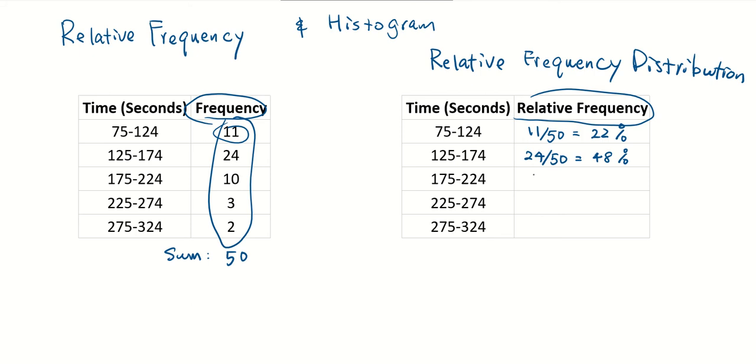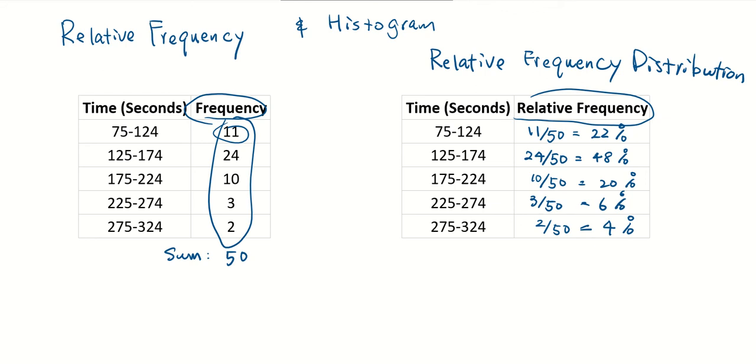And third class, 10 out of 50, 20%. Fourth class, 3 out of 50, so 6%. And the fifth one, 2 out of 50, which is 4%. Okay, so this is how we turn a frequency distribution to a relative frequency distribution.